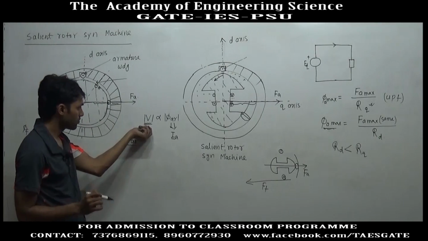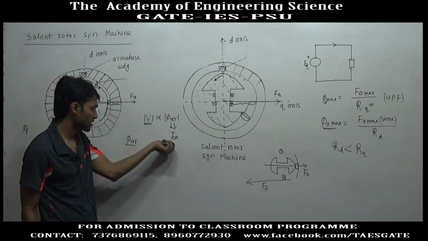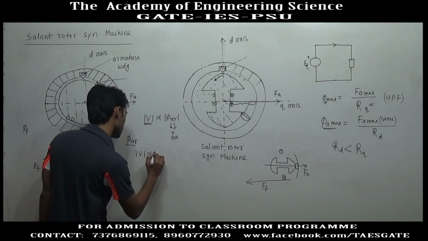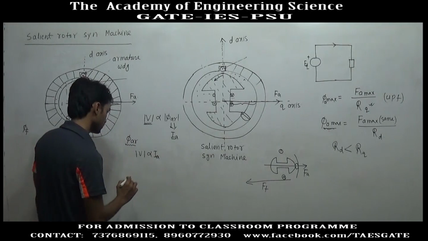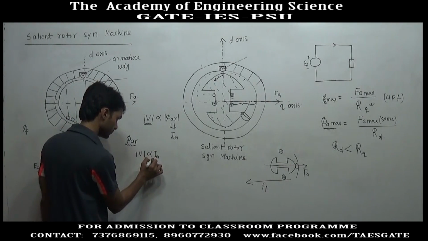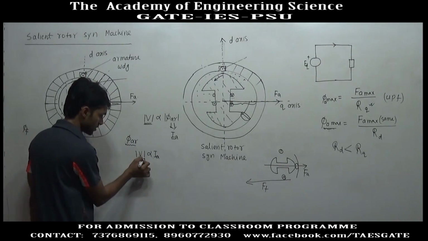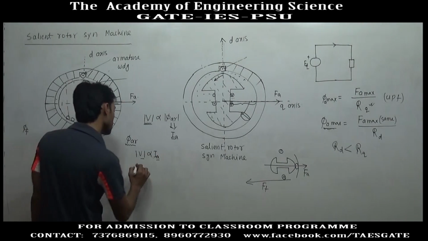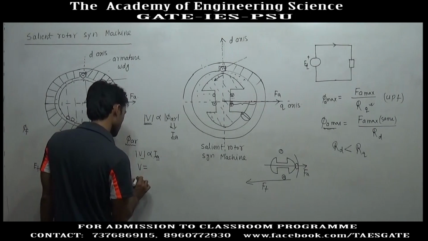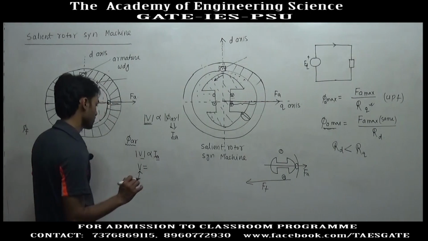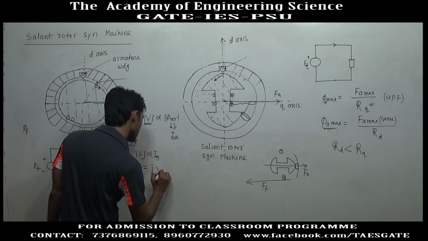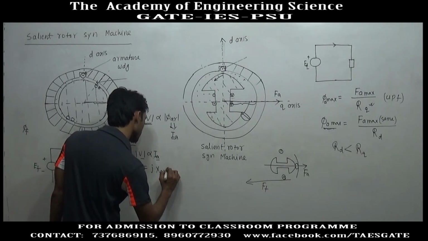The phase difference between the voltage and current is 90 degrees. So, V can be written as, this is the effect of changing armature flux, this is J, and the constant is XAR into IA.